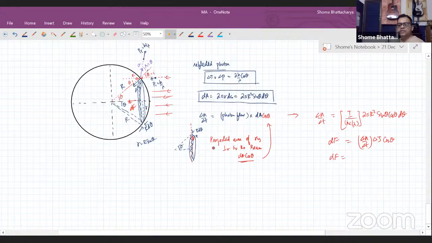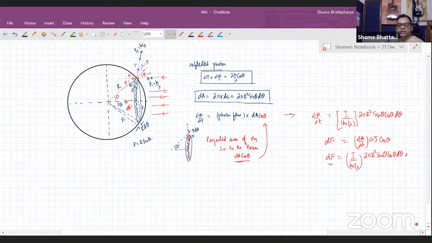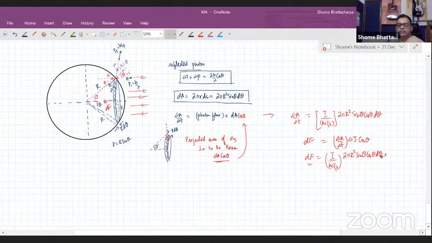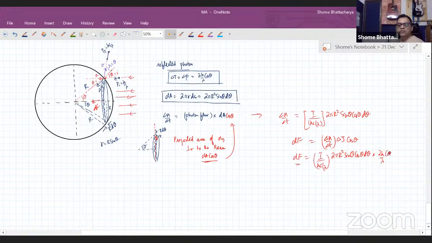So the force acting just because of a thin ring like this, which is experiencing reflection of photons, that differential force is given by this relation: 2π r² sin θ cos θ dθ multiplied by the impulse because of each photon, which has a factor of cos θ, and multiplied by another cos θ term.